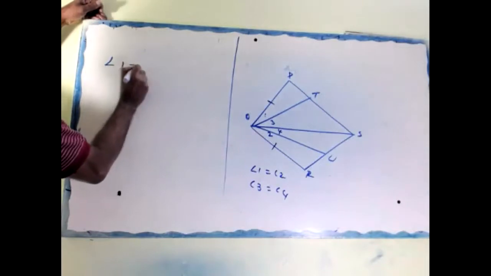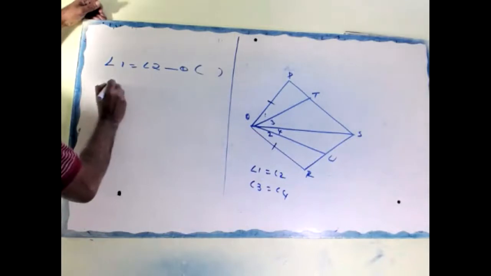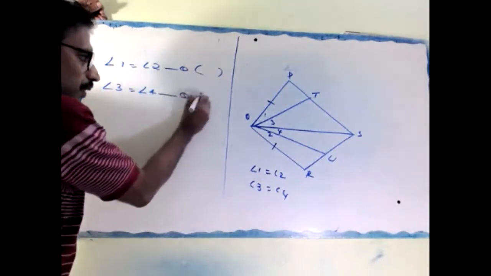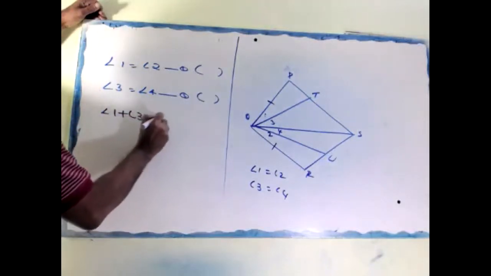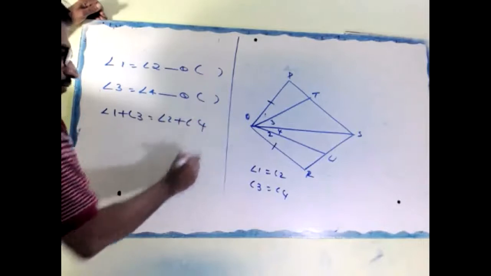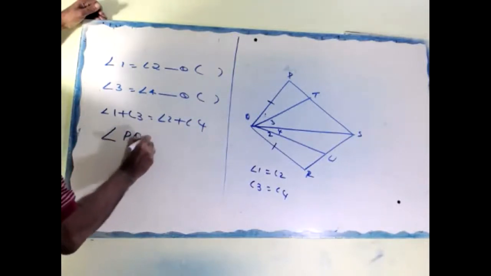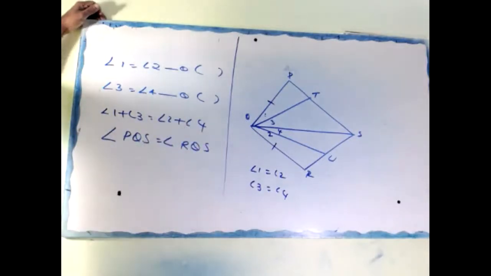Angle 1 equal to angle 2, number 1, given. Angle 3 equal to angle 4, number 2, given. Angle 1 plus angle 3 equal to angle 2 plus angle 4, that is angle PQS equal to angle RQS.